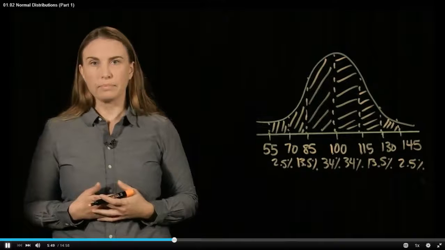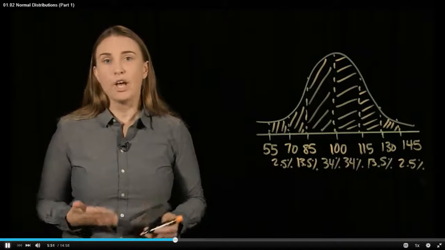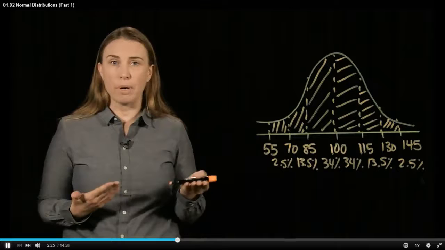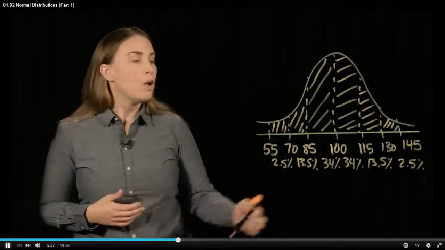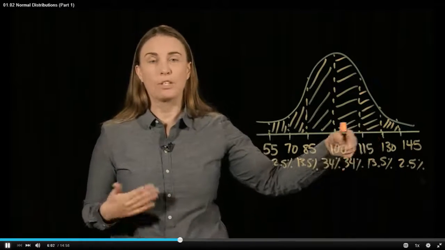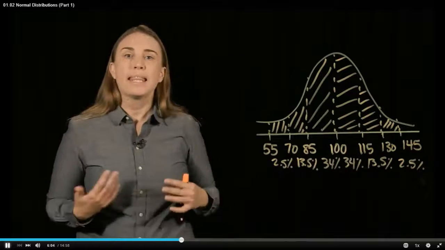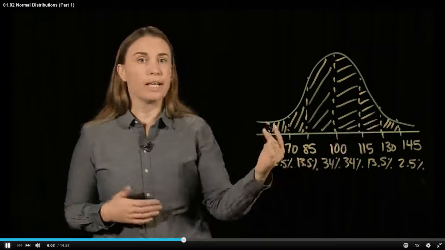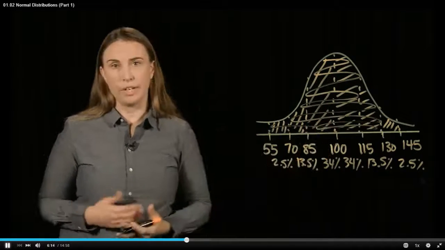Okay. To find your percentile, you start with finding where your IQ score is along the bottom of the normal distribution graph. 130 is 2 standard deviations above the mean. That means that the probability of scoring less than 130 can be found by adding up all the areas here below 130.